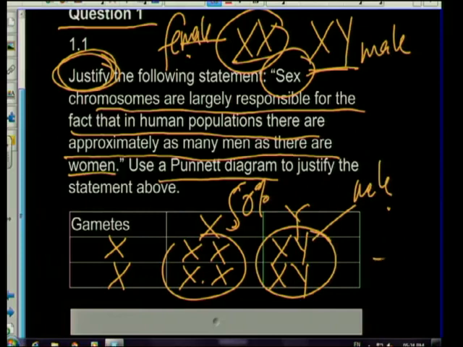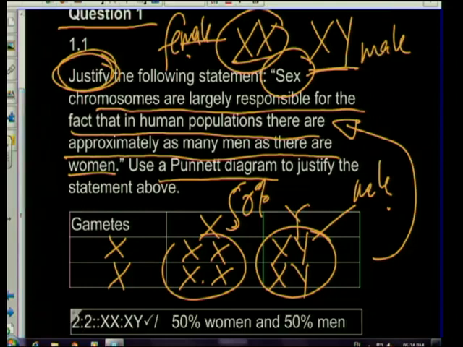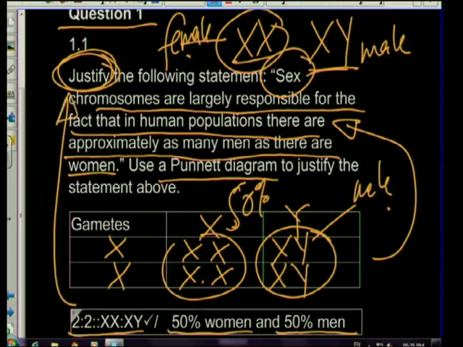So that is justifying that answer there, and to justify it we must conclude yes, you're getting 2:2, XX:XY, therefore 50% will be women and 50% are men. So that justifies that statement there.